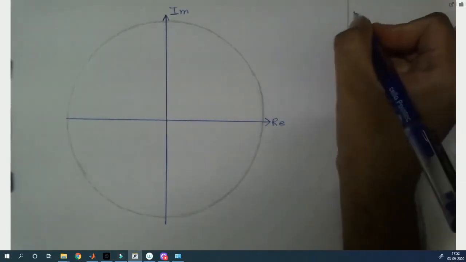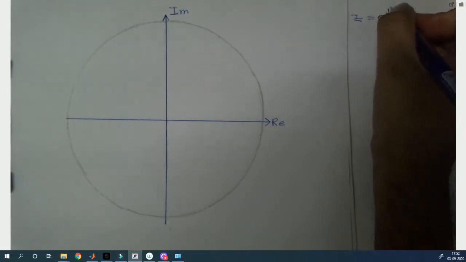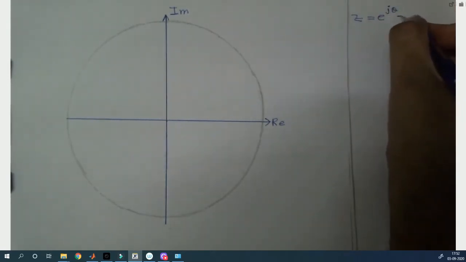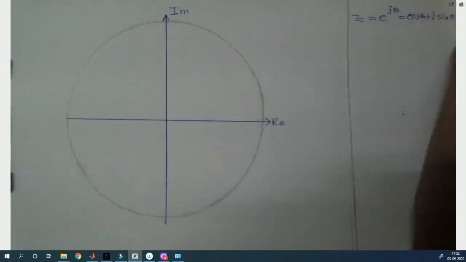Now consider a complex number z equal to e to the power j theta, which is the same as cosine theta plus j sine theta.